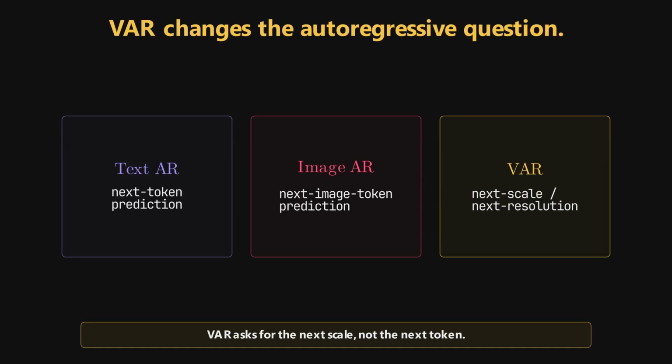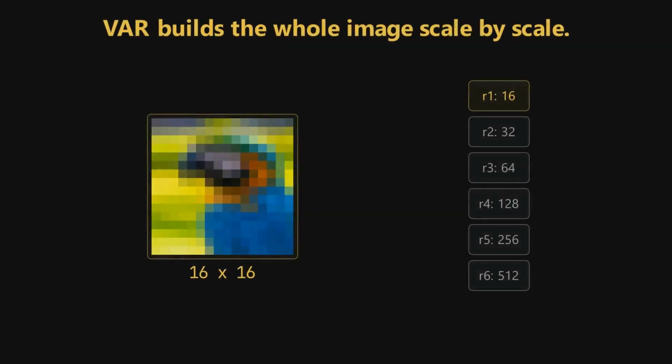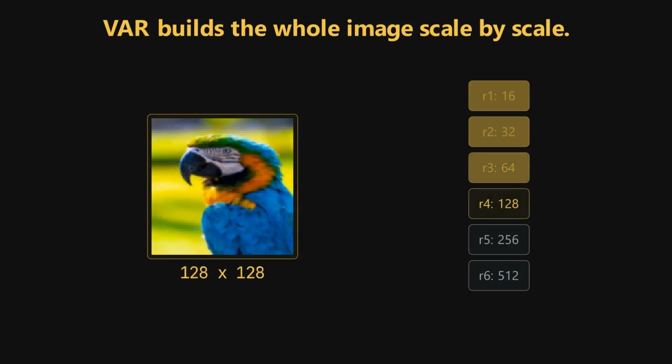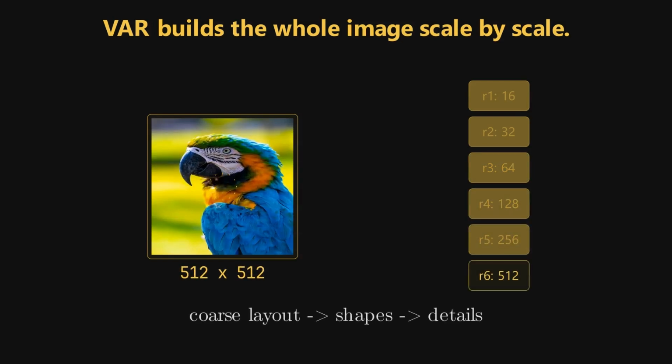Then the next one, and the next one. The image becomes sharper step by step. This is closer to how humans often draw. First, a rough composition. Then the main shapes. Then object parts. Then texture and fine details. Instead of forcing a two-dimensional image into a long one-dimensional token sequence, VAR builds the image from coarse to fine. Not next token, next scale.